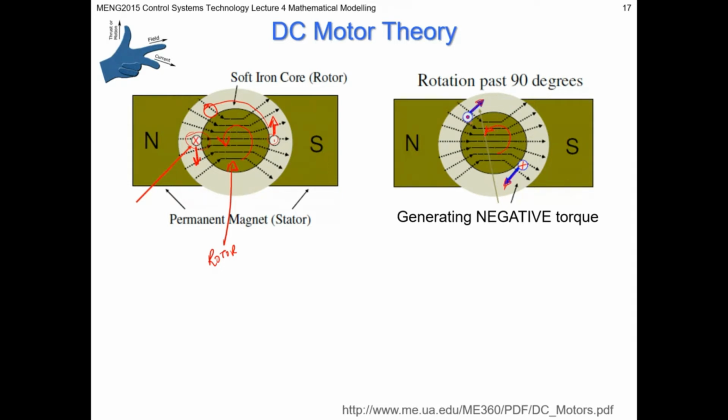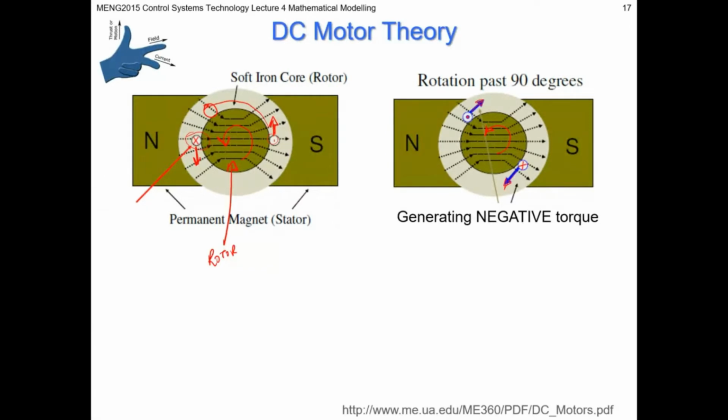The rotor is spun around, but now the conductor encounters effectively an opposite field, because it's on the other side of the permanent magnet, and the thrust reverses.